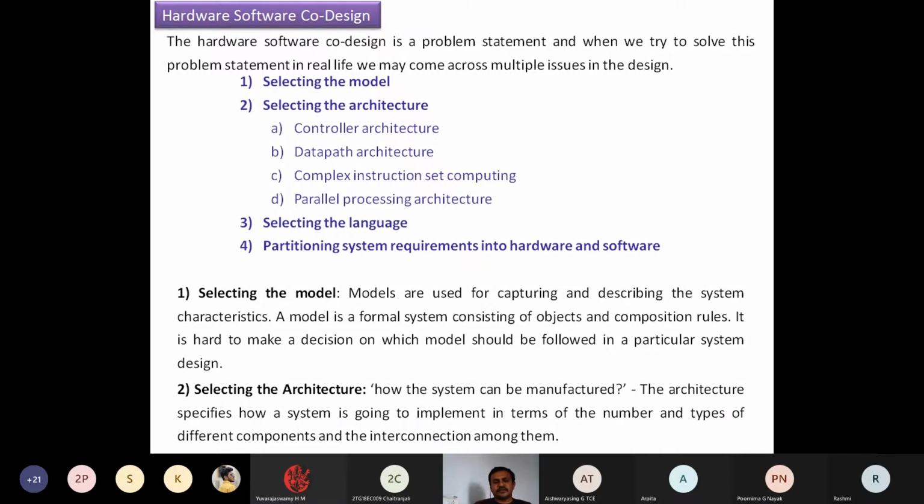So how we need to implement this one means how we need to divide, differentiate. This is hardware, that is nothing but once again in the partition. It is a hardware part, it is a software part, and these are the contents of that hardware, how we need to interconnect them. Okay, it is a application specific or domain specific. So these are all the issues, problem statements, that come under selecting the architecture.